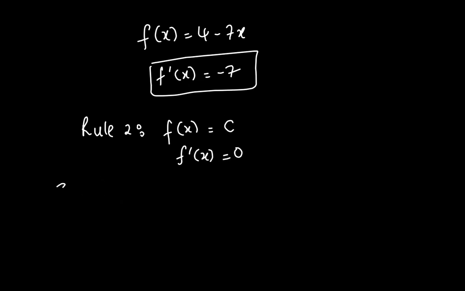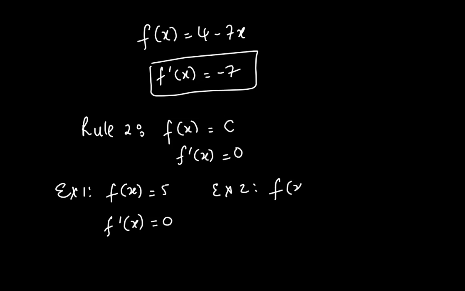So let me give an example. Example 1, let's say you have f at x is equal to 5. The derivative of that straight away is equal to 0. Example 2, let's say you have f at x is equal to -8. The derivative of that would be 0.